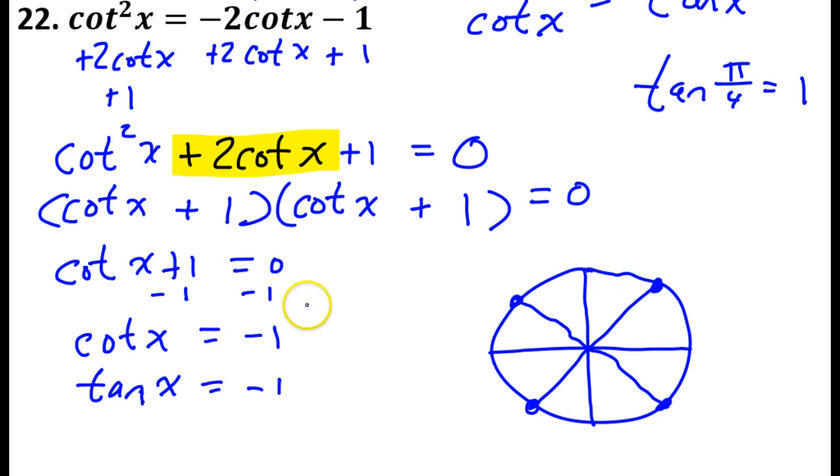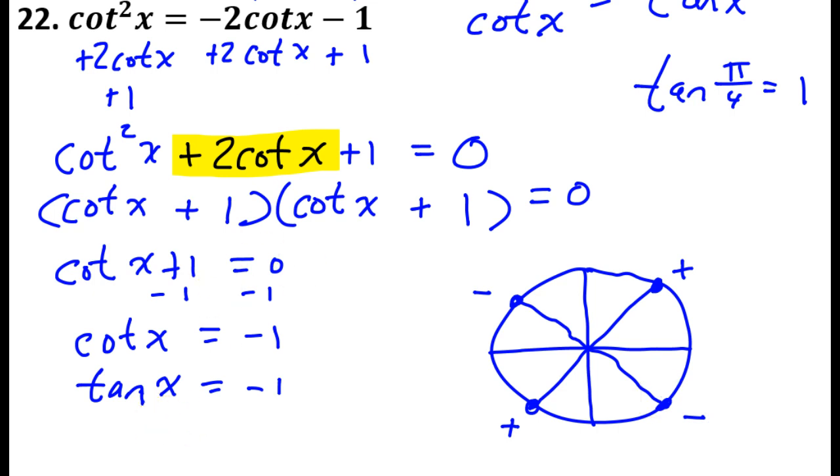Another thing that's useful to memorize is where tangent is positive and where it's negative. Tangent is positive in the first quadrant. Everything's positive in the first quadrant. Tangent is also positive in the third quadrant. That's worth memorizing. And tangent is negative in the second and fourth quadrants.